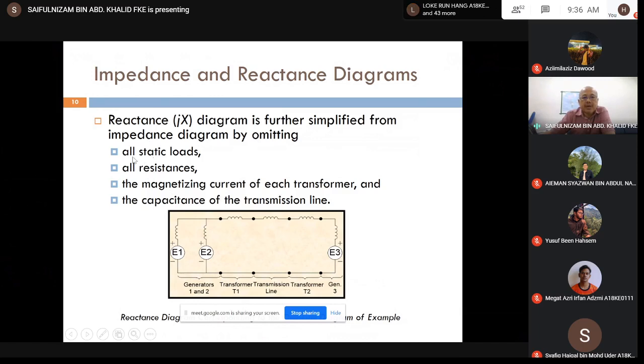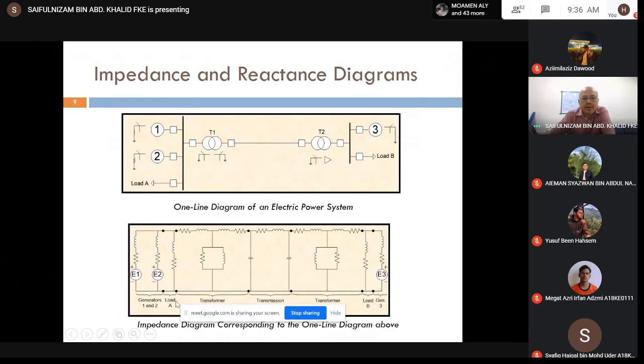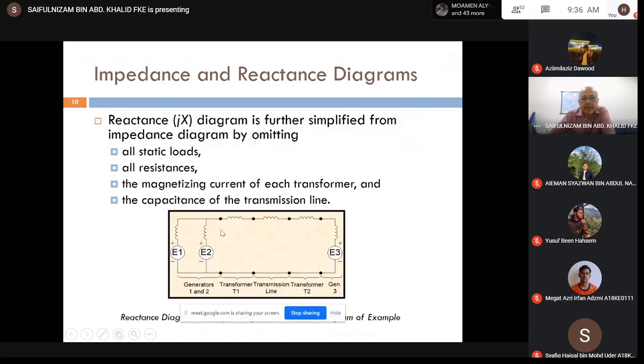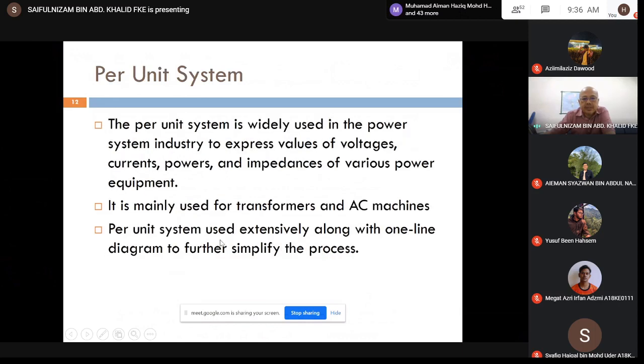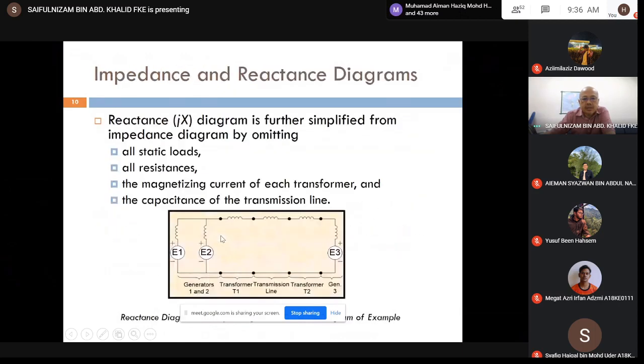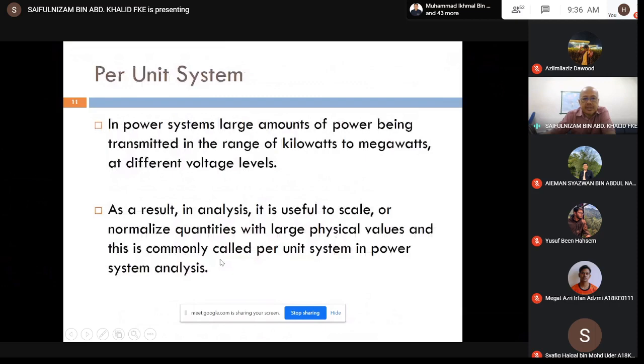For example, all static load. You can see here, there is no more static load, or load A and load B, in the reactance diagram when you compare the reactance diagram with the impedance diagram. There is no more resistance.